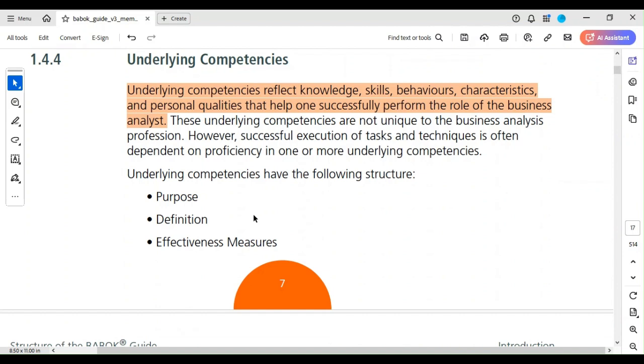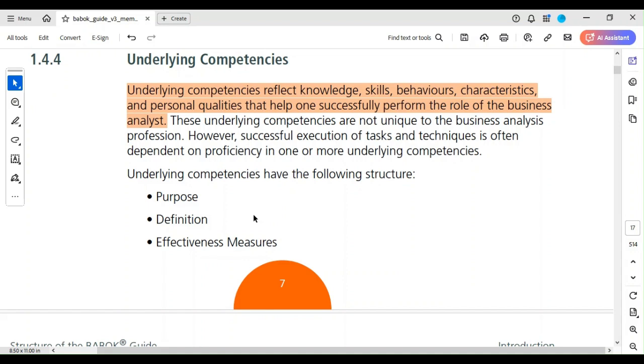Underlying competencies reflect knowledge, skills, behaviors, characteristics, and personal qualities that help one successfully perform the role of the business analyst. Just telling you that these underlying competencies are those skills, behaviors, everything you need in terms of skill and knowledge to successfully perform the role of a business analyst.